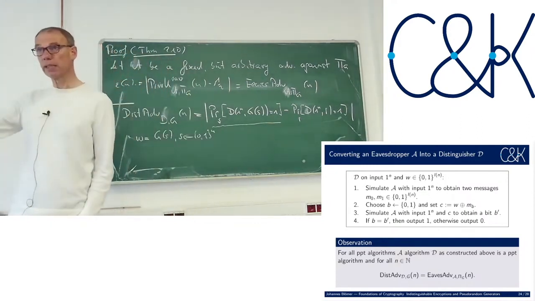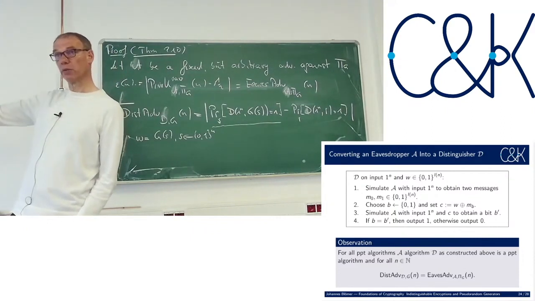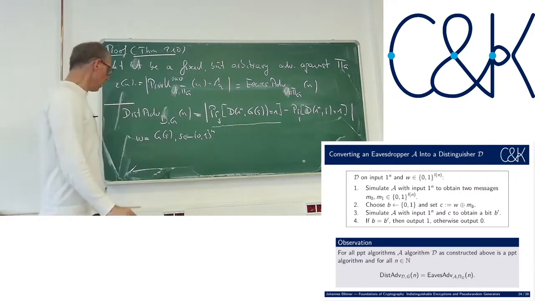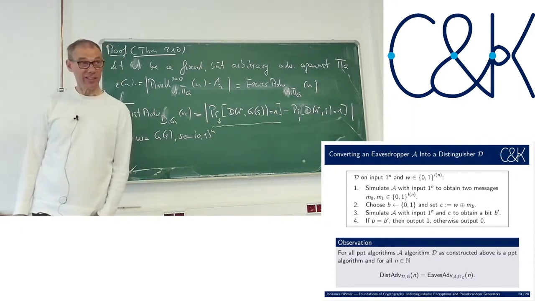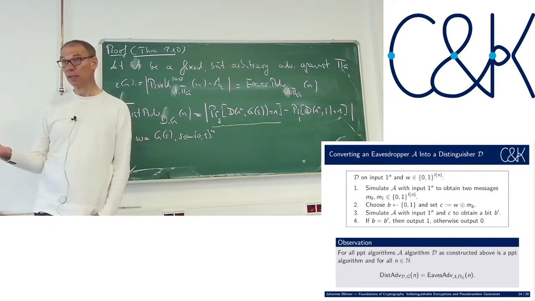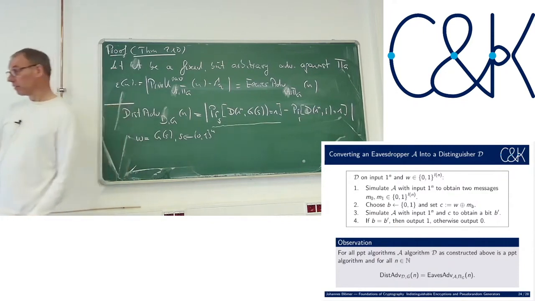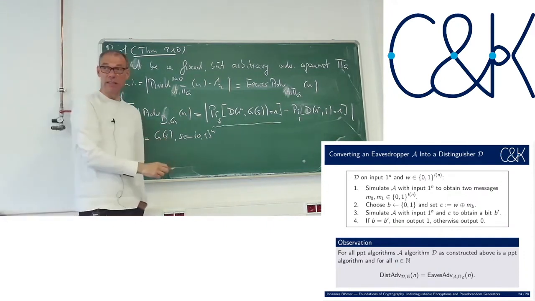In that world, this is how W is generated and given to D. But that's exactly the key generation in pi G, right? So in that case, this is G of S where S is the key.